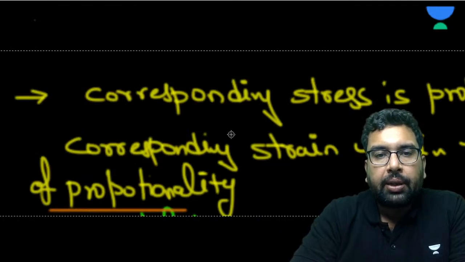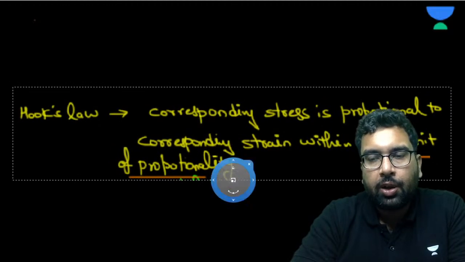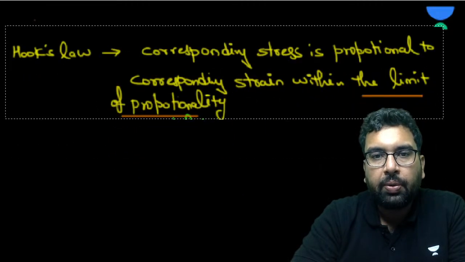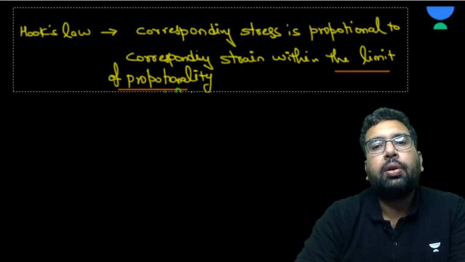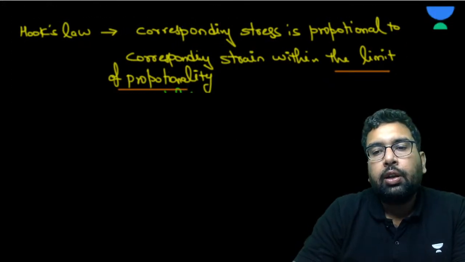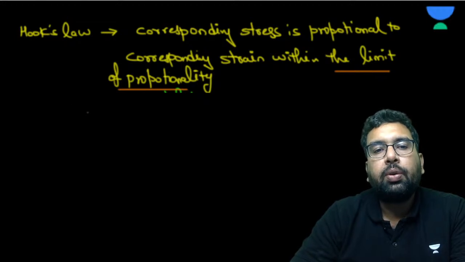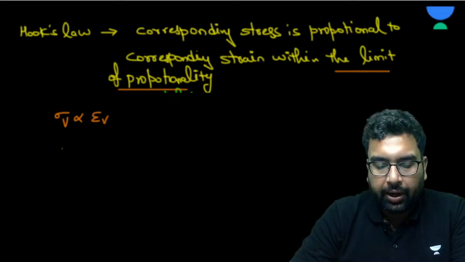Now please try to understand this. Hooke's law is that corresponding stress is proportional to corresponding strain. So in this case, volumetric stress is proportional to volumetric strain.